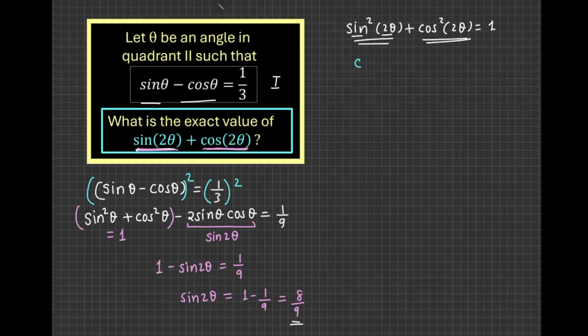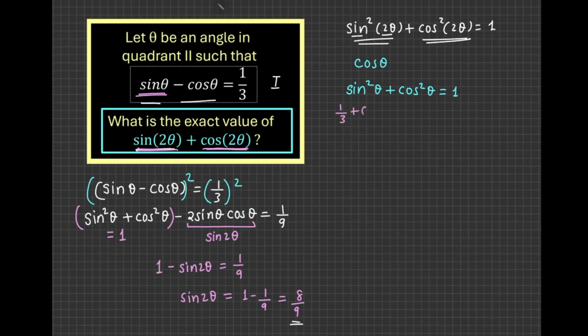To solve for cosine theta, we're going to begin with this equation: sine squared theta plus cosine squared theta equals 1. Now for the sine theta, from equation 1, sine theta is equal to 1/3 plus cosine theta.